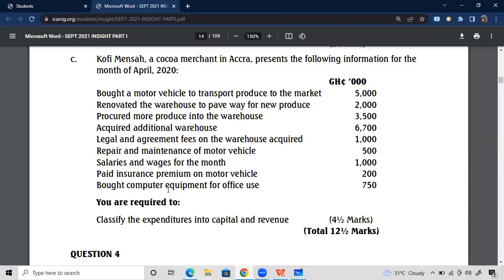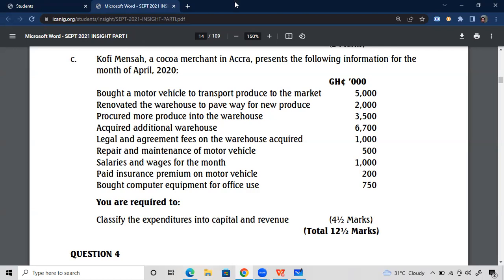Let's say bought a motor vehicle to transport produce to the market. When you bought a motor vehicle, is that a capital expenditure or a recurrent expenditure? Let me hear from the comment section, please. Number one, bought a motor vehicle to transport produce to the market.